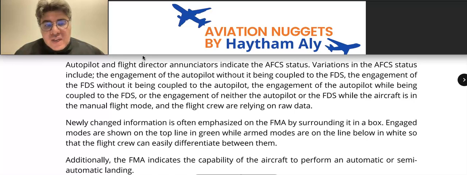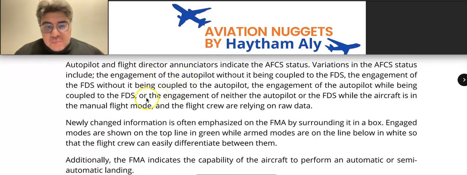For example, when the flight director is engaged, the flight director bars appear on the PFD, or the electronic attitude direction indicator, so that the pilot can fly the aircraft to obey the flight director orders, or the autopilot will fly the aircraft to follow the flight director orders. Okay, everybody?